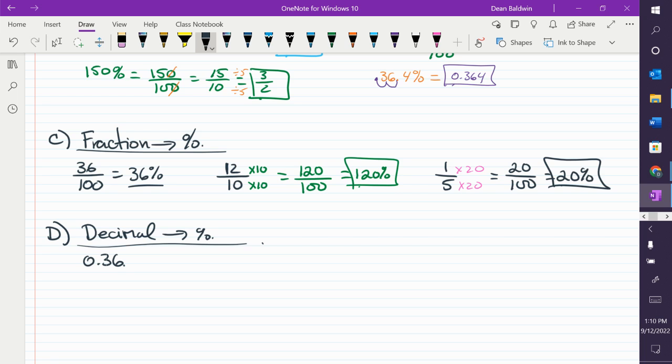Does anybody just know how to do this? How do you convert any decimal to a percentage? You move the decimal to the right, 2 spots. So essentially, here, 1, 2.